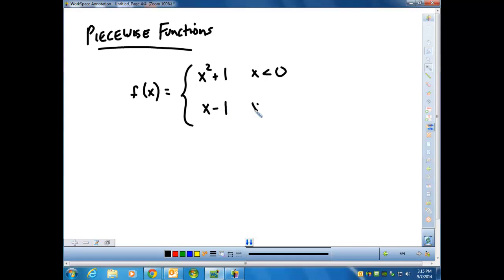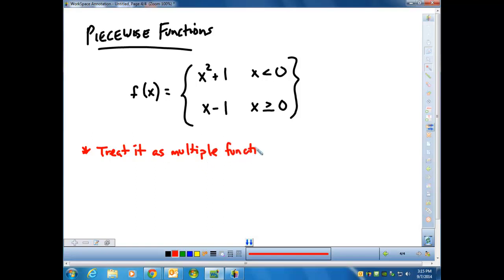So the best way to think about this is a piecewise function is simply a series of functions that all have their own specific domains. So what I mean by that is f of x is x squared plus 1, but only when x is less than 0.